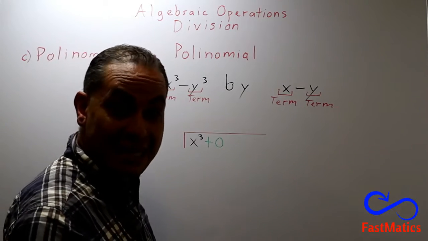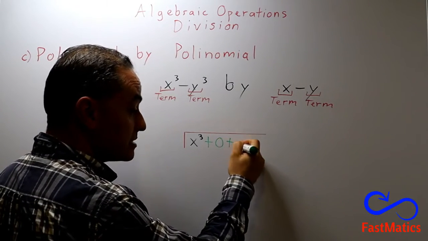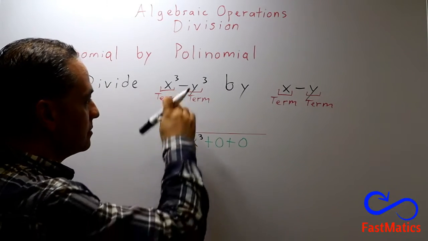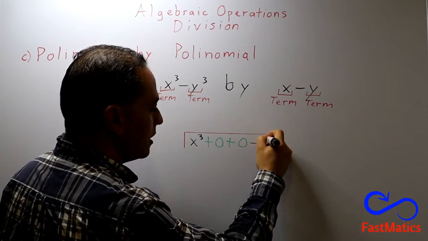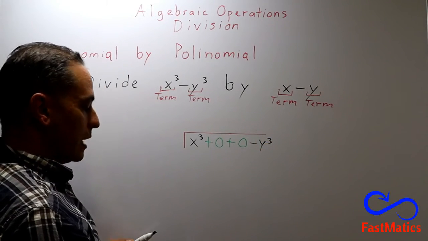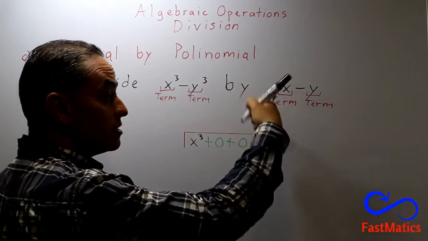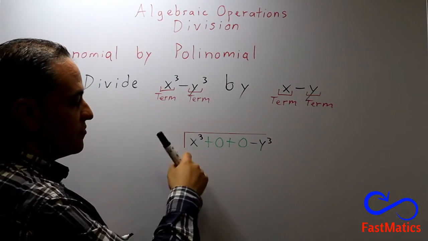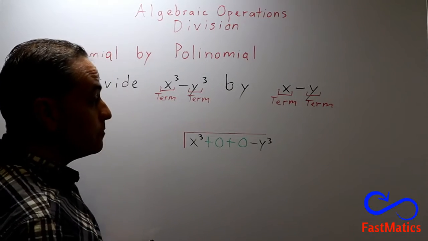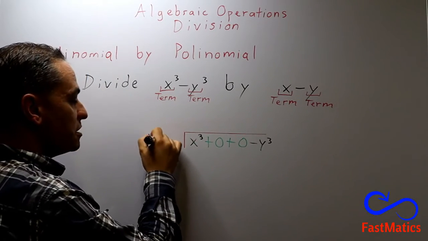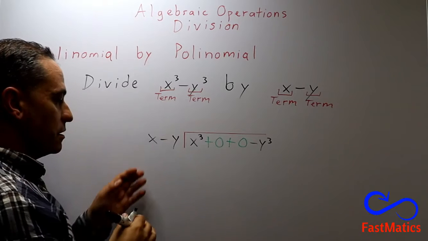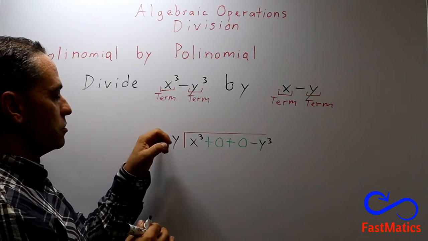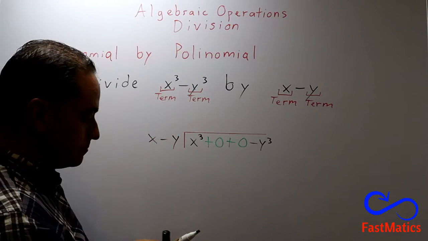And after that, the x, but I don't have an x, so I put a 0 also. And finally, the negative y cubed. I should make the same outside of this small house, but here I don't need to put zeros because it is x and it is y directly to the power of 1.